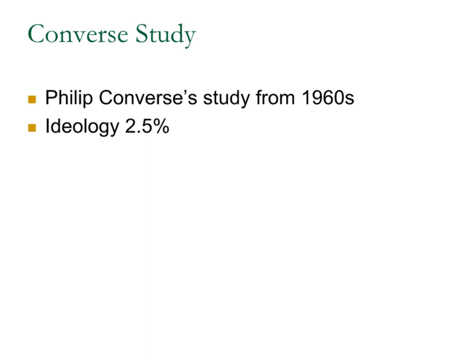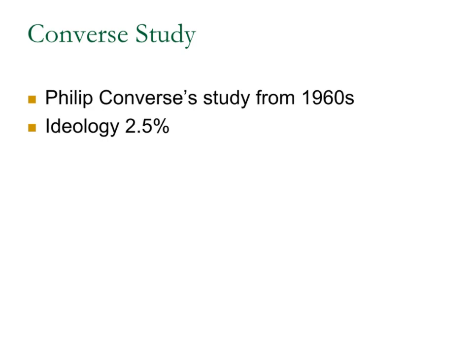He found that only 2.5% of the people he interviewed could base their vote on ideology, meaning they voted for a Republican because they agreed with Republicans' worldview, or they voted for a Democrat because they agreed with the Democrats' political positions. Only 2.5% could associate the vote they cast with their political ideology, their political belief system.